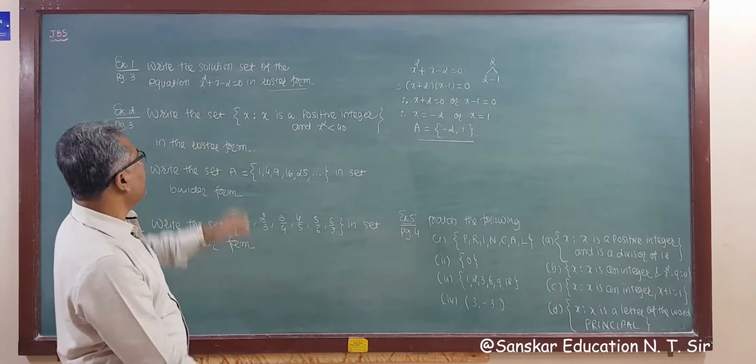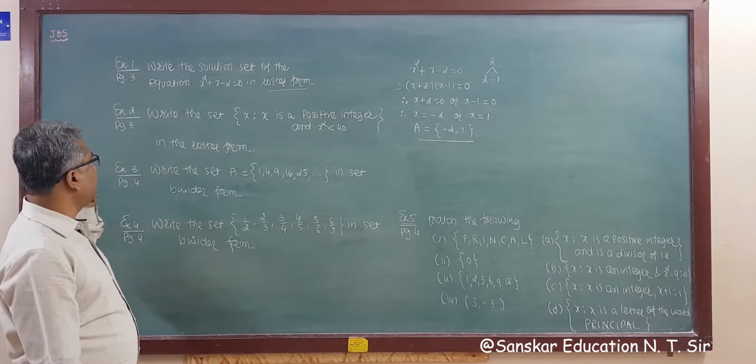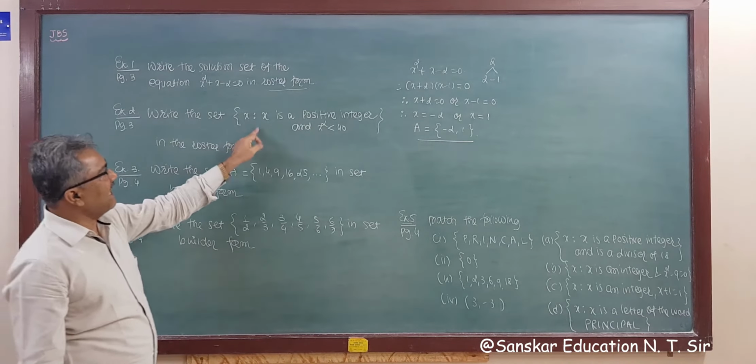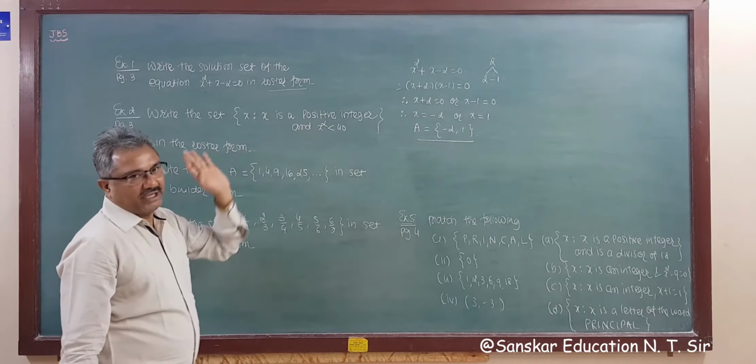Right? Now second question, example number 2, also illustration 2, page 3. Write the set of x where x is a positive integer and x square is less than 40.